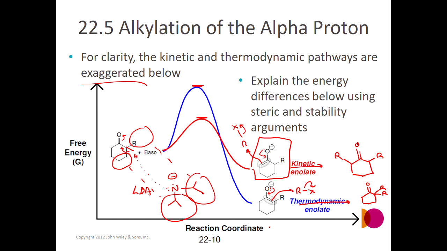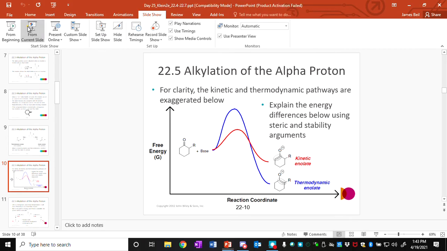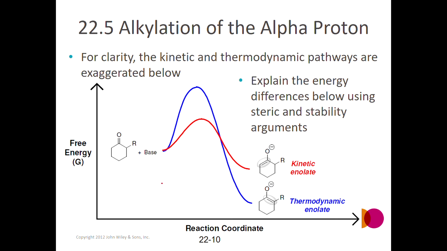If instead of using this strong bulky base, you use a much smaller base that's also quite strong, like a hydride, sodium hydride or something like that. So this is obviously very small.